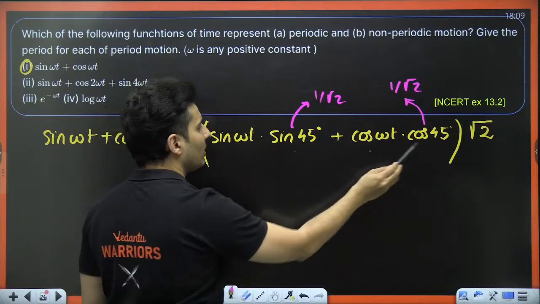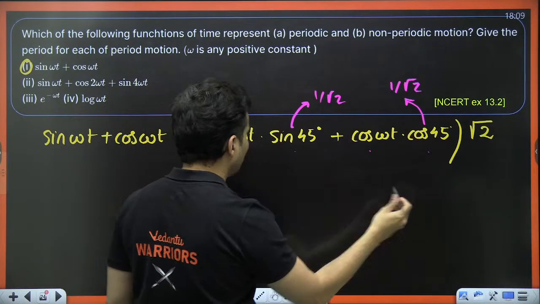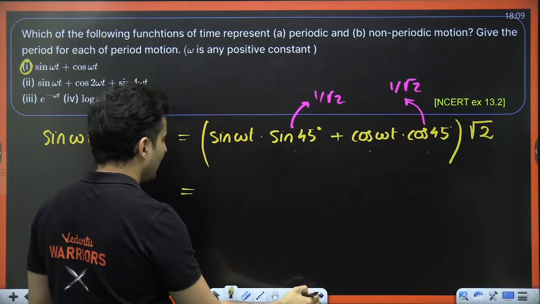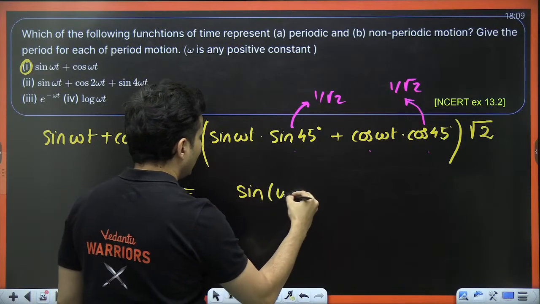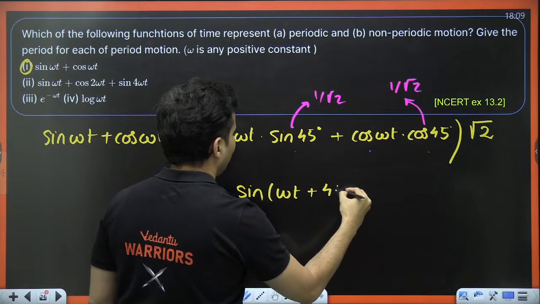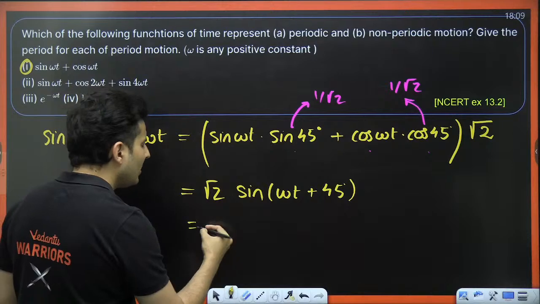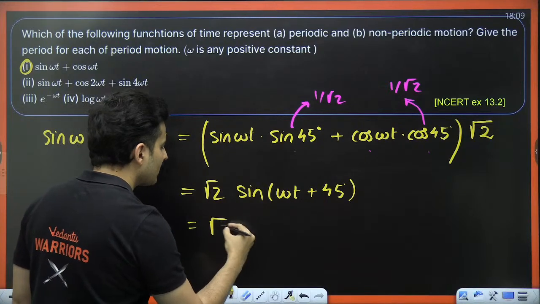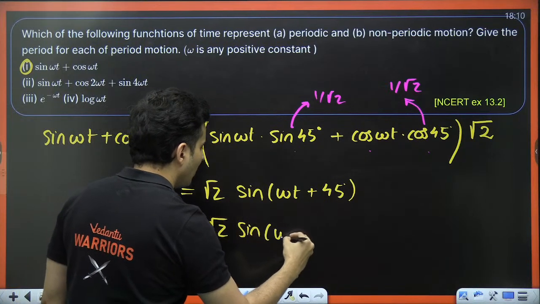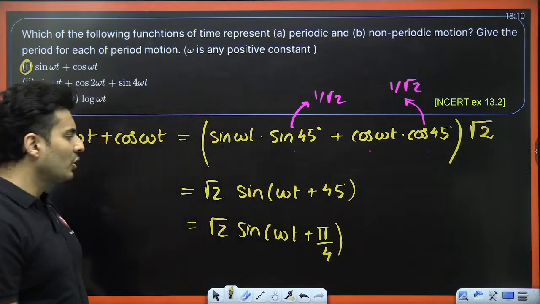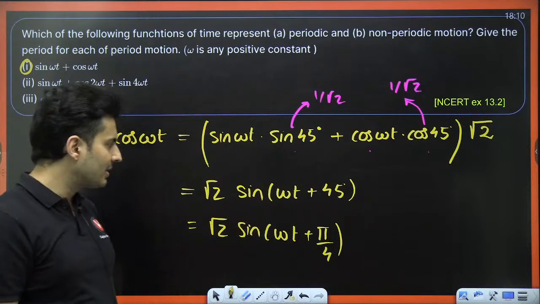This formula is very familiar. Sin A sin B plus cos A cos B is nothing but cos of A minus B, or here written as sine of A plus B, so it is sine of omega t plus 45 degrees. And that root 2 will come over here. Usually you put not in degrees but in radians. So root 2 sine of omega t plus pi by 4, usually in radians, right?